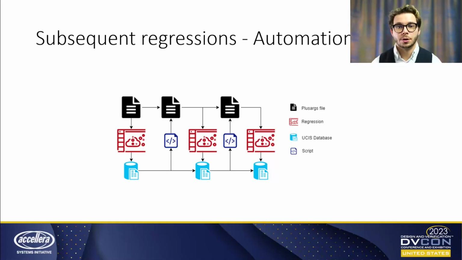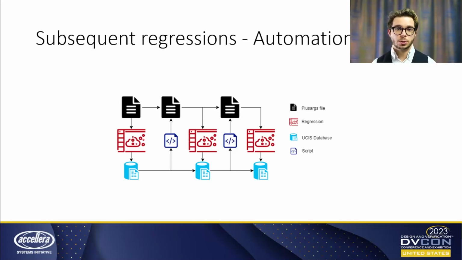Extrapolating from the figure on the previous slide, we can apply this recursively when running regressions. So instead of running a regression, looking at the results and then modifying the inputs for the next test case, and by inputs I mean the constraints of the sequences or even the sequences that are being run, in this case we are using a tool, and we are going to provide an example, again an open source tool that you can use to parse the UCIS database and generate a readable file that contains the results of the regression.